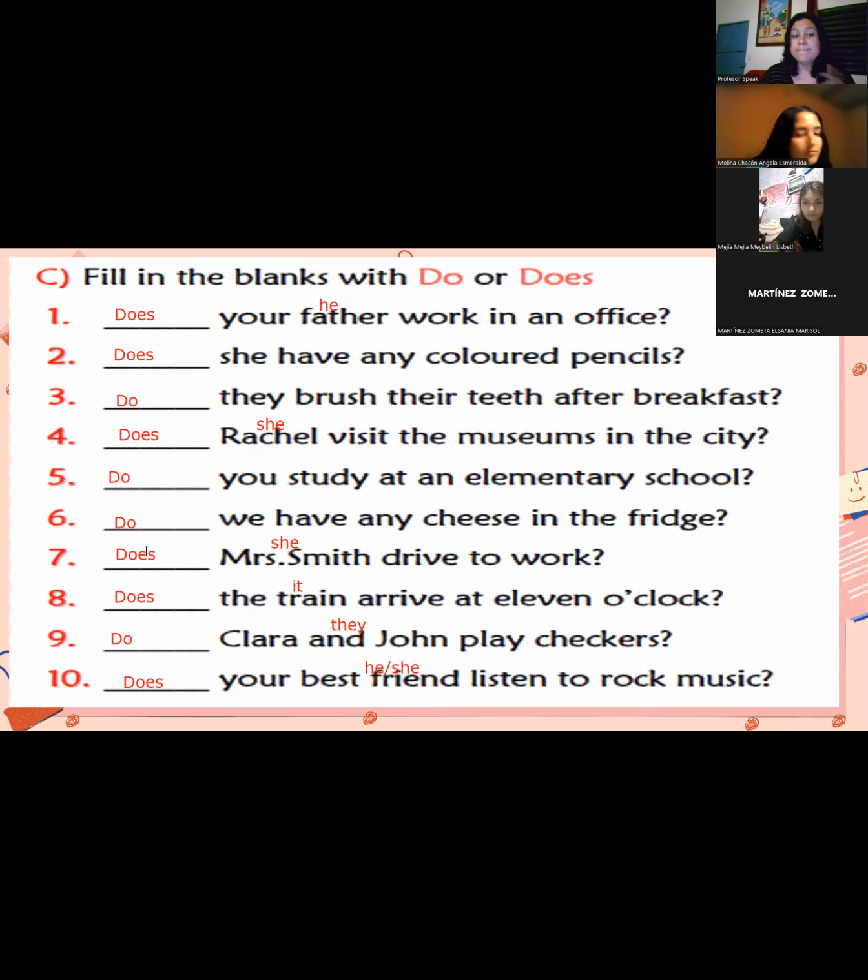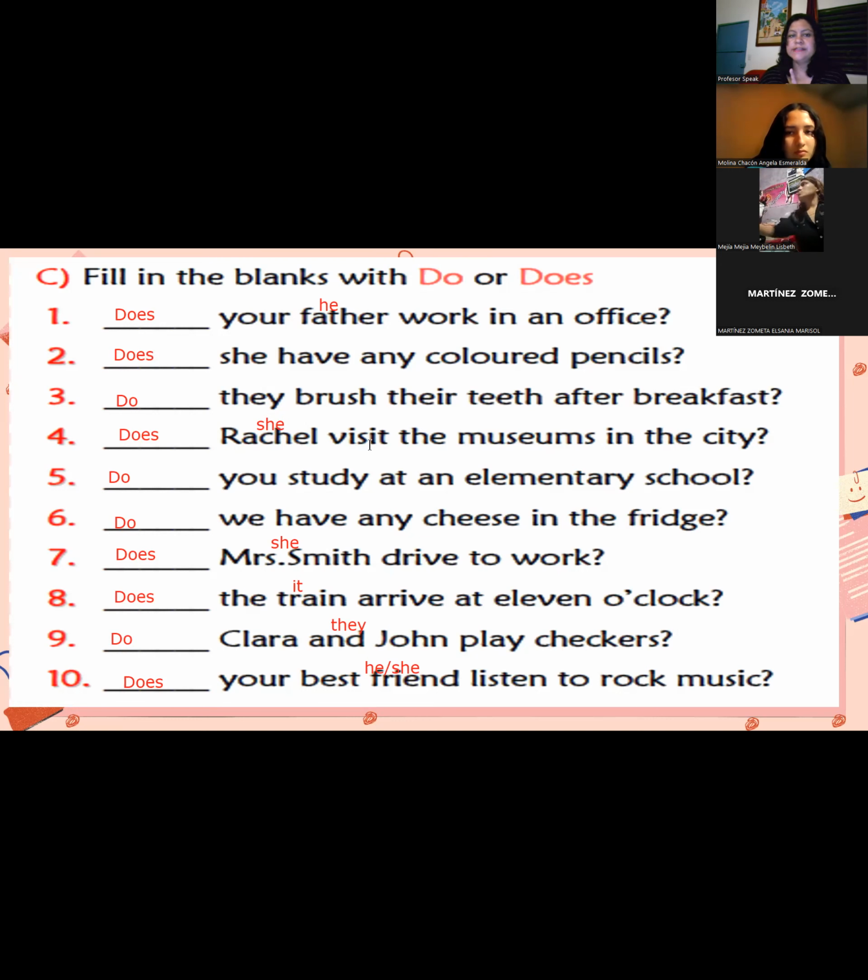So remember, if you use the auxiliary does, look at the verb. Drive, arrive, play, listen, study, visit, brush, have, and work. The verb doesn't change. Even if I am talking about Rachel, which is she, you say visit.